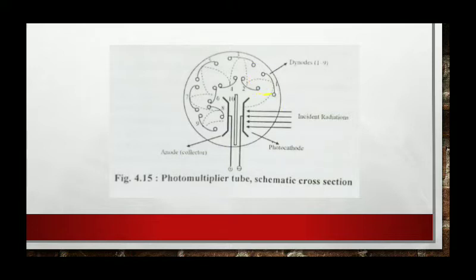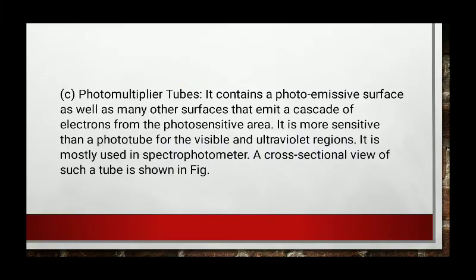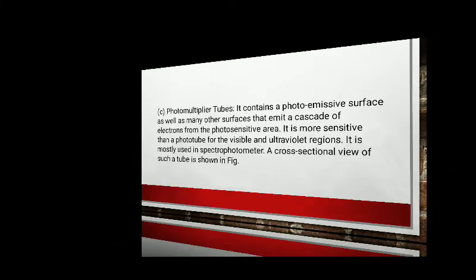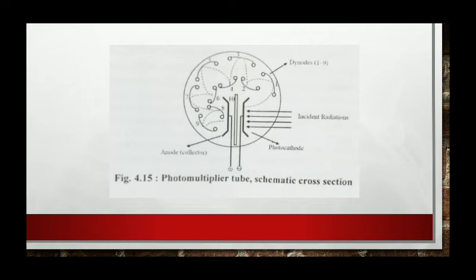These are dynodes. The inner surface of the cathode is coated with light sensitive material such as oxides of cesium or potassium or silver.